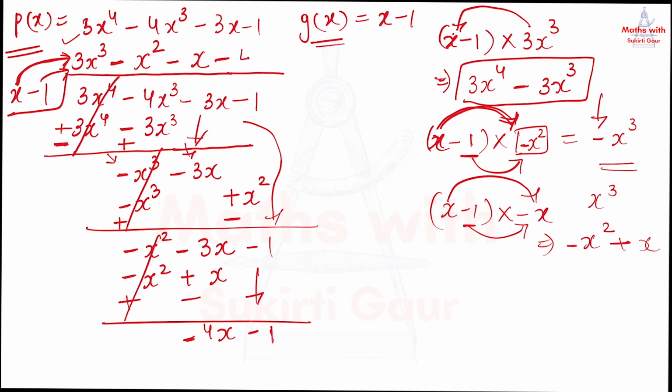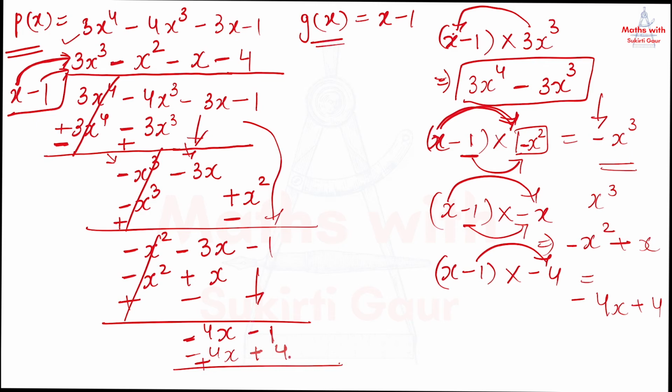Minus 4 here. Why? Because x minus 1 into minus 4 will give us minus 4x, and minus 1 into minus 4 will give us plus 4. Okay, so minus 4 here, x, and this will be plus 4.